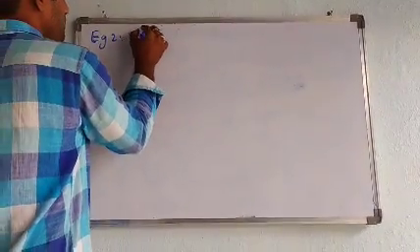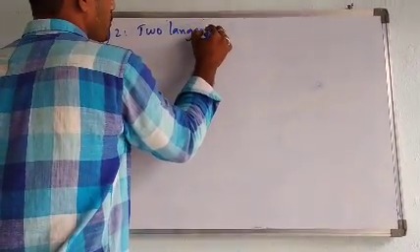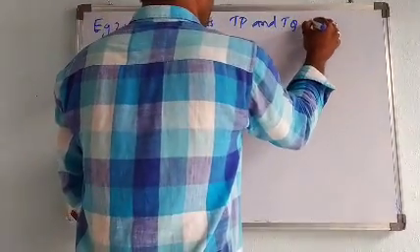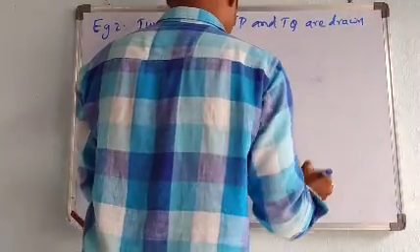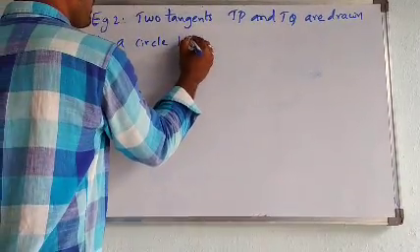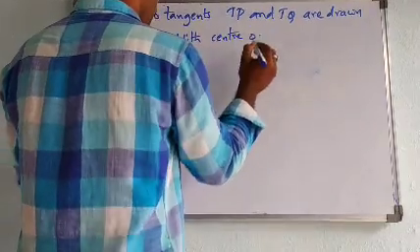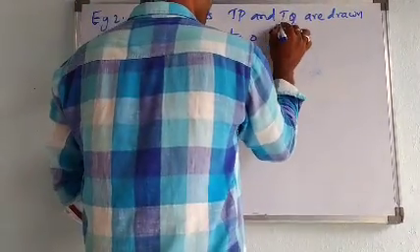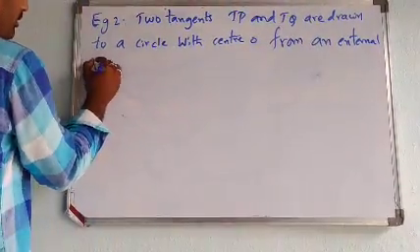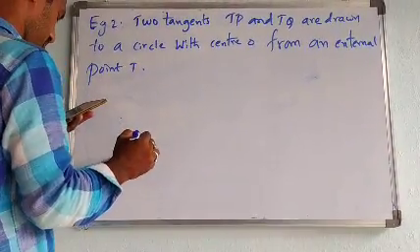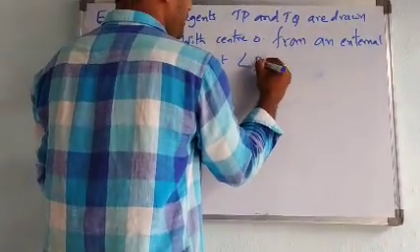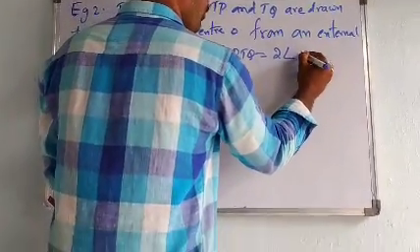The question is: two tangents TP and TQ are drawn to a circle with center O from an external point T. Prove that angle PTQ is equal to 2 times angle OPQ.